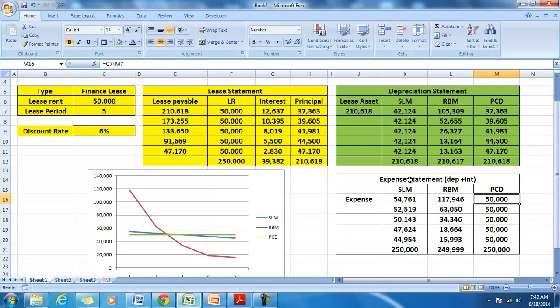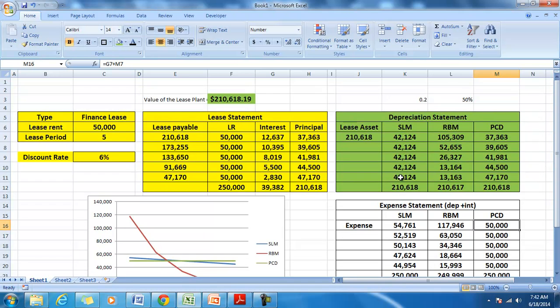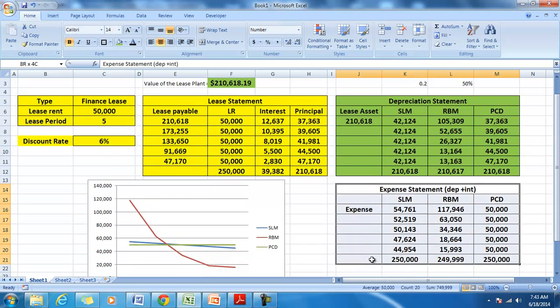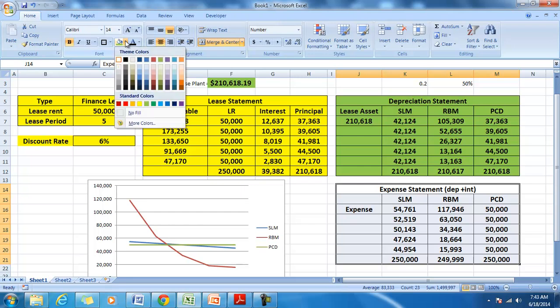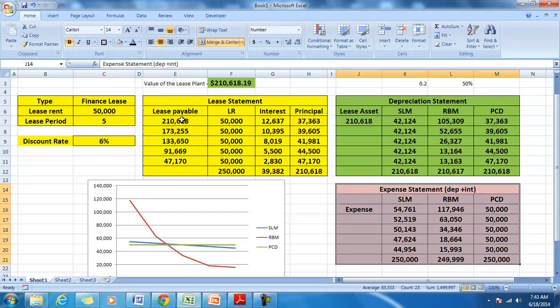So there is an important question, whether to buy or lease, and within leasing, whether to show that as an operating lease or a finance lease, is a very important managerial decision, because the expense, which consists of interest and depreciation, changes because of the methods of depreciation.